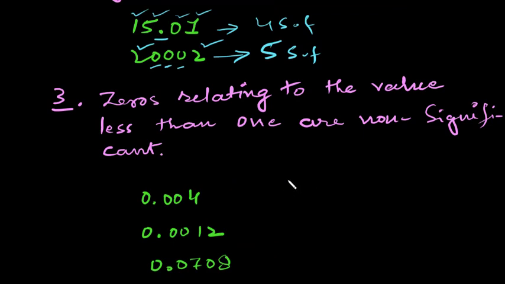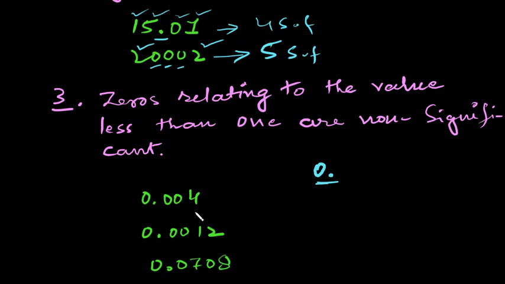Next is zeros relating to a value less than 1 are non-significant. What does it mean? Simply, any value which starts with 0 point is a value smaller than 1. So any zeros in a value which is less than 1 are non-significant.